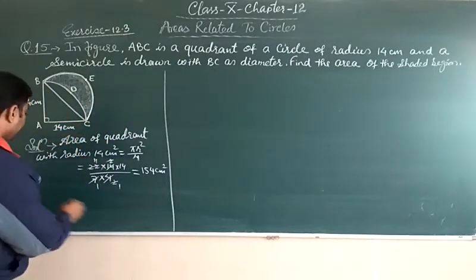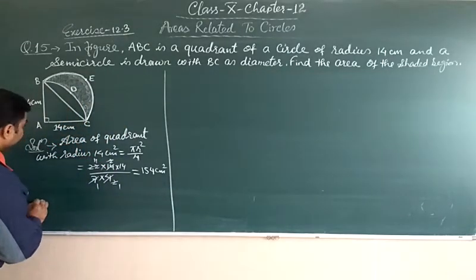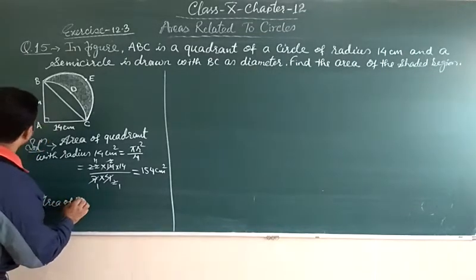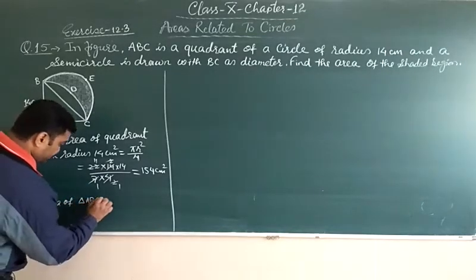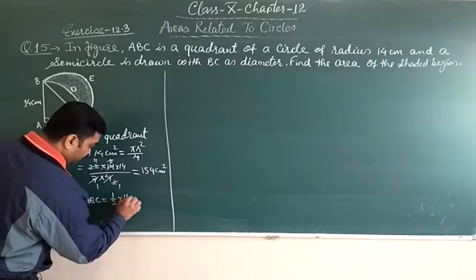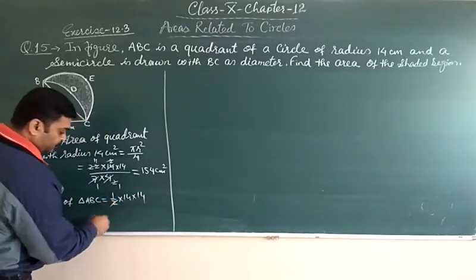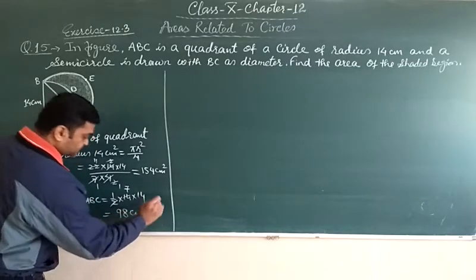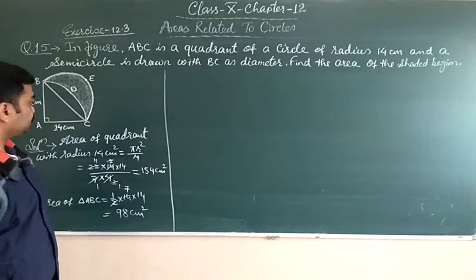Clear? Area of triangle ABC is equal to 1 upon 2 into 14 into 14. 2 7s are 14, that is 98 centimeter square. Clear?